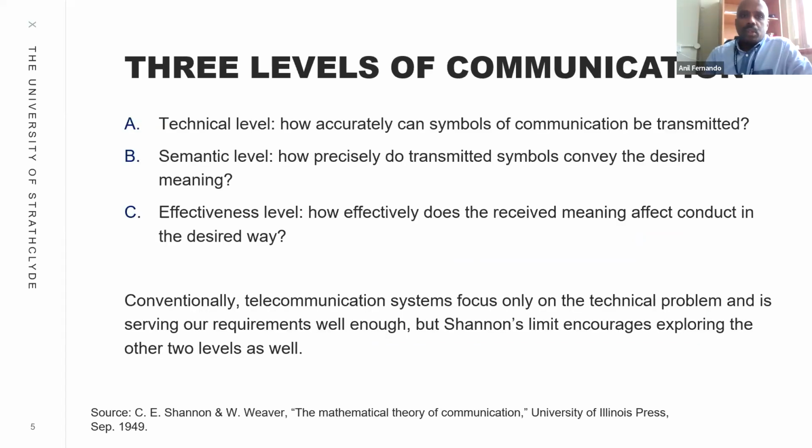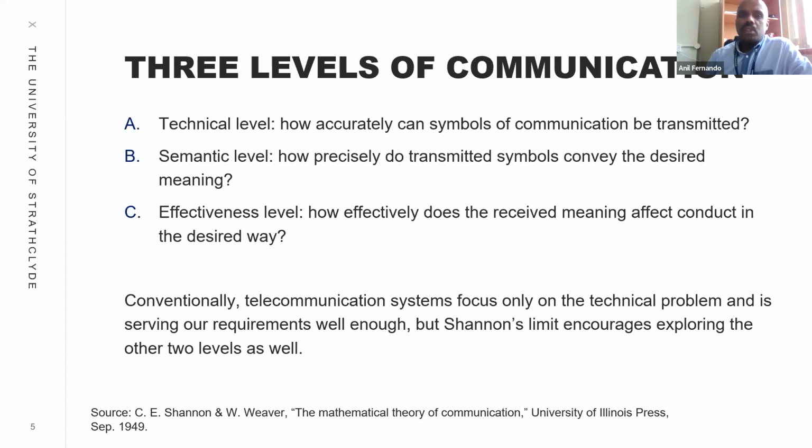So if you communicate these basic concepts, about 70-odd years ago, Shannon defined three layers of communication system. We define them as the technical level: how accurately can symbols of communication be transmitted. This is what we have been witnessing over the last 60, 70 years.